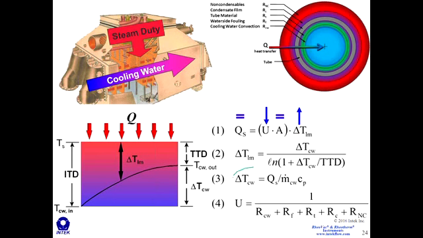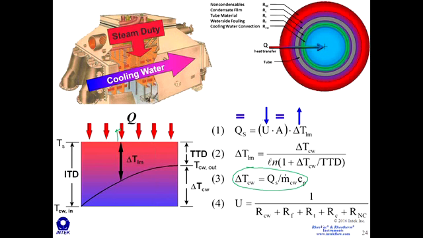Now, because of this equation down here, if Q stays the same, your inlet and outlet temperature don't change. So if you foul, the inlet and outlet bulk temperatures do not change. So the only way that delta T LM can increase is by increasing the steam temperature, or increasing the temperature difference between the steam and your cooling media. And so that is why when you foul, the condenser pressure increases.